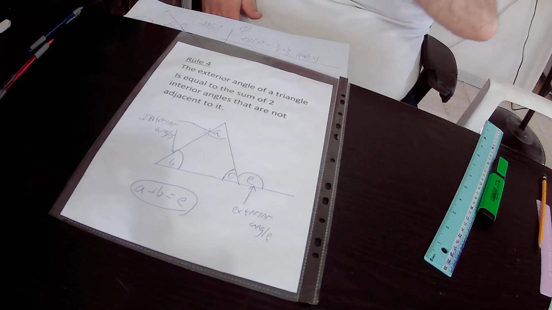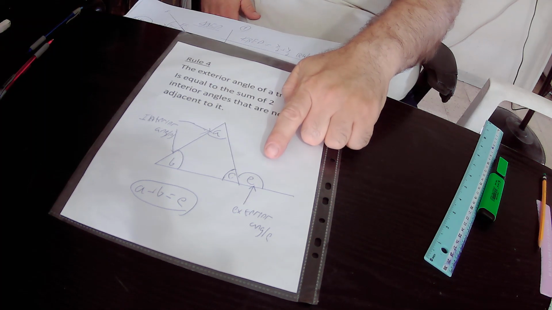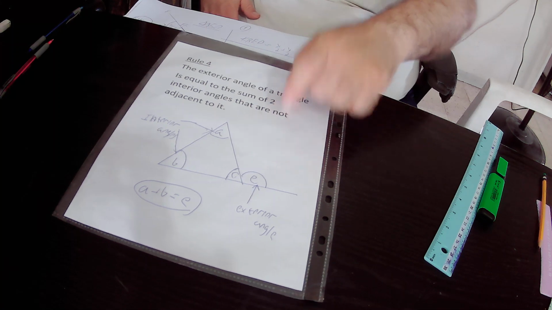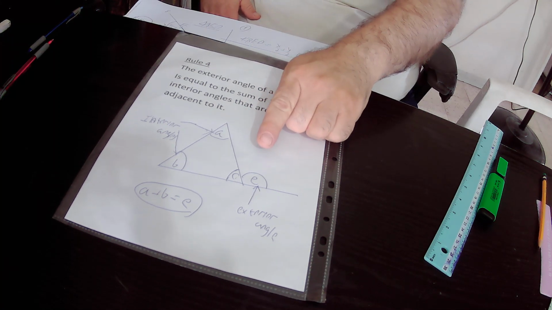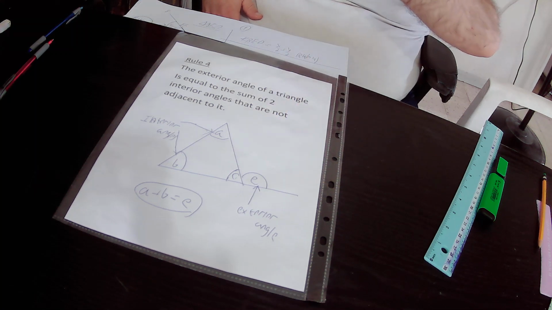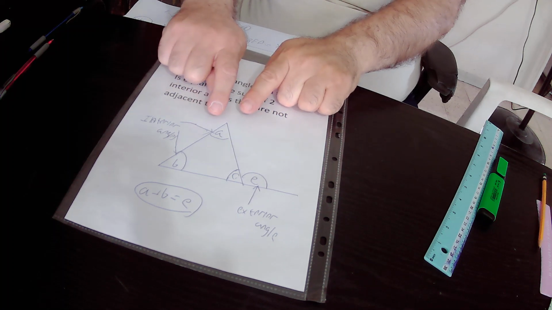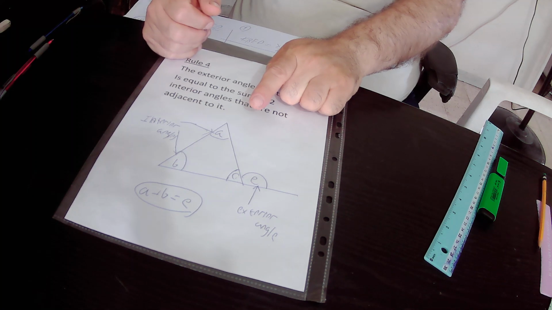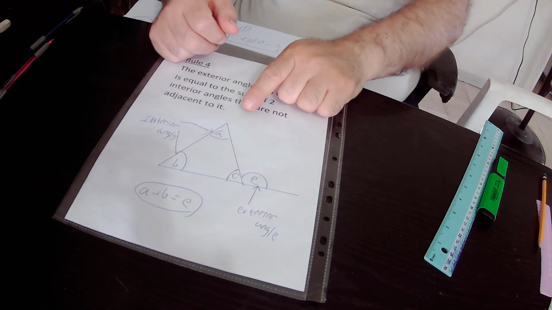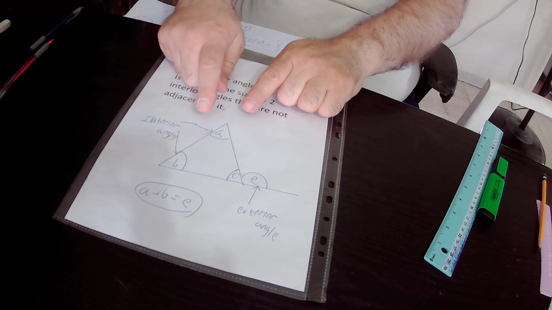And according to this rule, rule 4, the size of the external angle E is equal to the sum of the two internal angles that are not adjacent to it. This is angle C that is definitely adjacent to angle E. And the other two internal angles that are not adjacent to this angle E are A and B. And the sum of those two angles is of course A plus B. So according to this rule 4, the size of the external angle E is equal to A plus B, that is the sum of the two internal angles that are not adjacent to it.